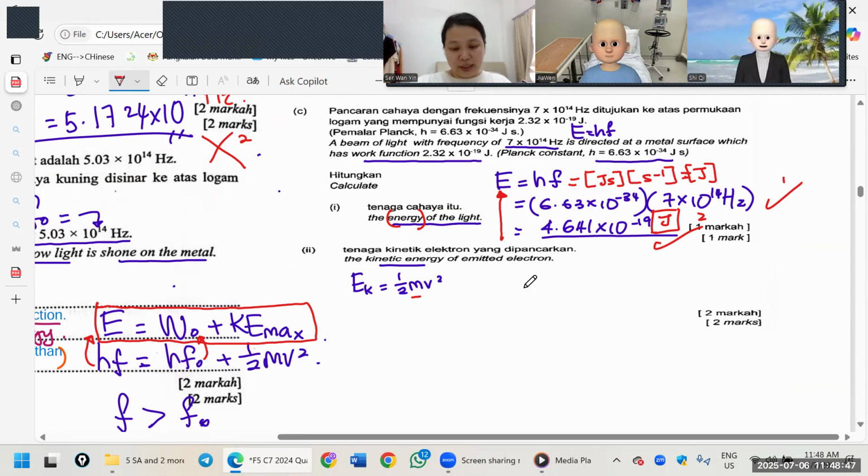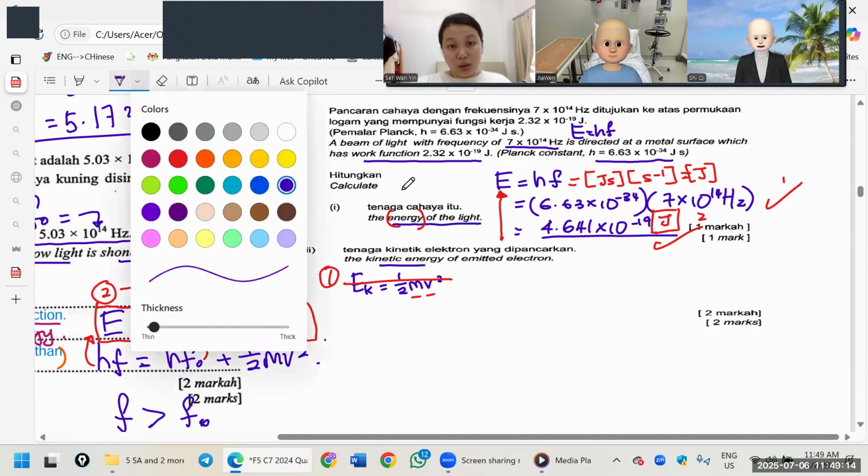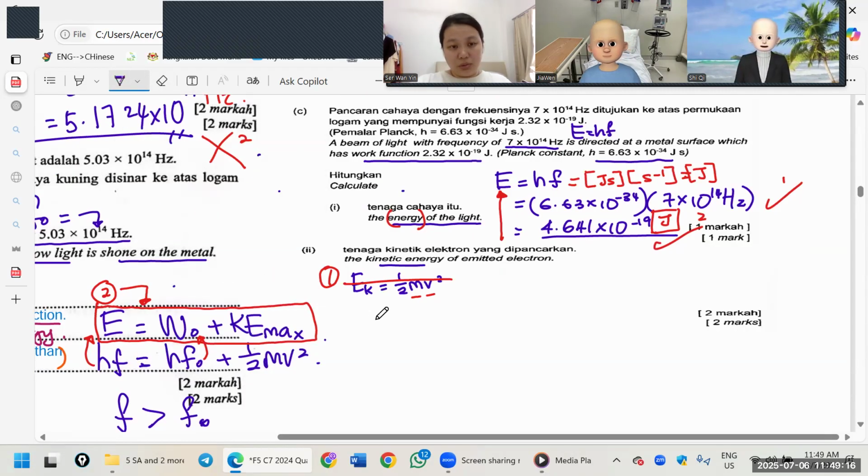But come to another question: do we have any information about velocity? Nope. So sorry, this is not usable. So method number one is out. Method number two, you can use this formula.